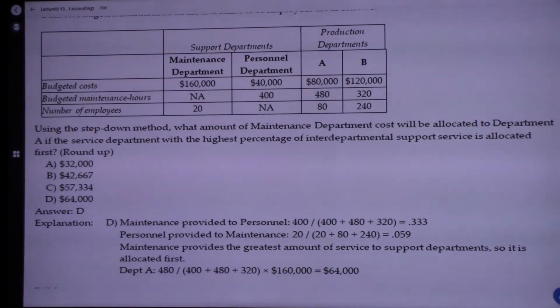Do the math and you reach about 33.3%, which is the allocation percentage.